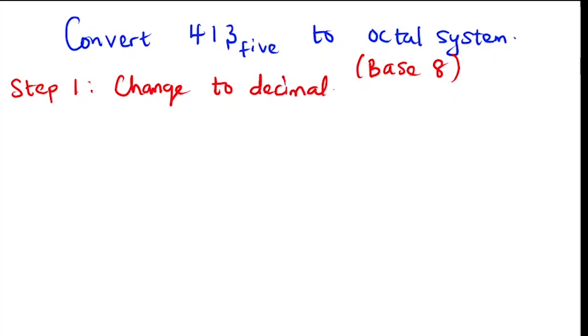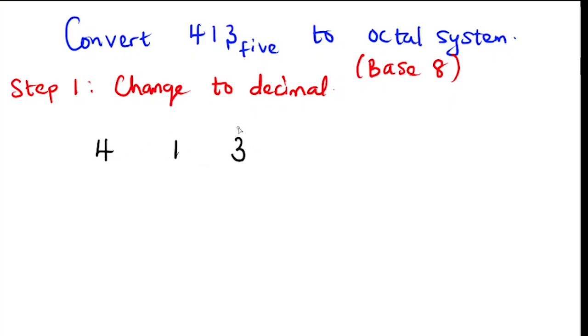So how do we change this number to decimal? Let us try to remember. We have a number in base 5, 413. All we need to do is to write it in its expanded form. In order to write it in its expanded form, we need to know the placeholders, or the value of each position that these numbers fall into.